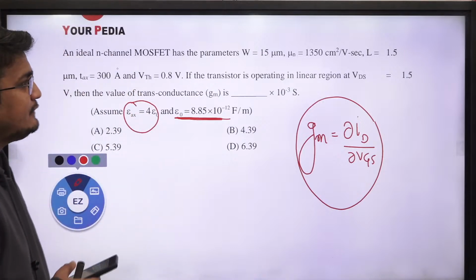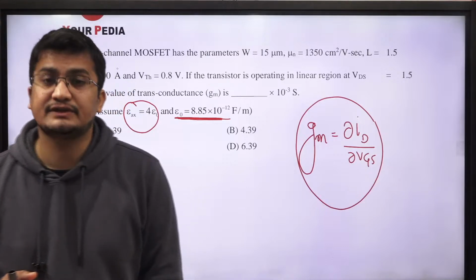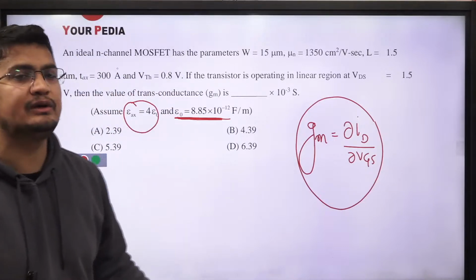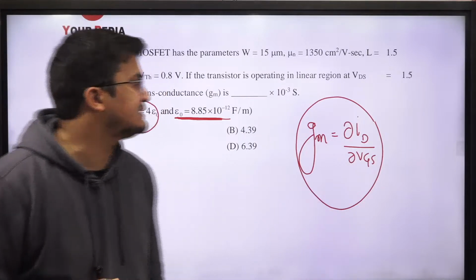I believe if you have a good command of the MOSFET and remember the drain current and voltage equation, it will not take more than 1 minute. At max, if you are very slow in calculation, 1 minute 15 seconds is more than enough for this question. Please tell me the answer.